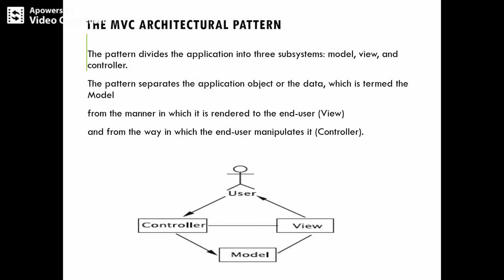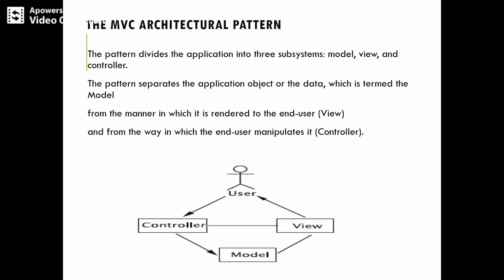Now we are going to discuss the MVC, Model View Controller architectural pattern. We know that this pattern divides an application into three subsystems called model, view, and controller. The pattern separates an application object or the data, which we call the model, from the manner in which it is rendered to the end user.